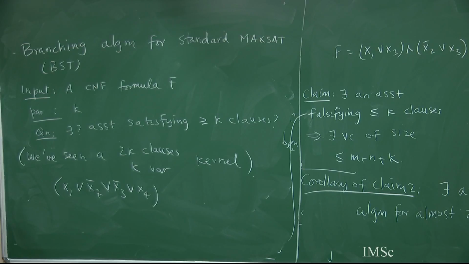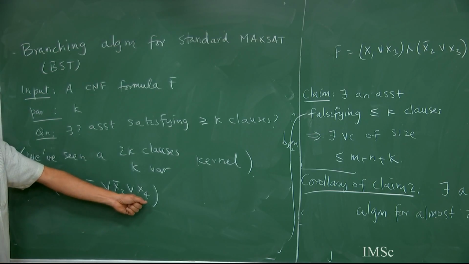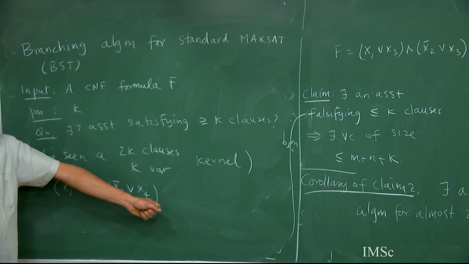Or it is not satisfied. Okay. So, what you are saying, there are 5 branches. Either it is satisfied by x1 or it is satisfied by x7 bar, or it is satisfied by x3 bar, or it is satisfied by x4, or it is not satisfied at all.